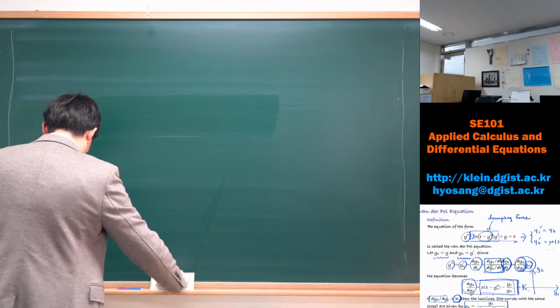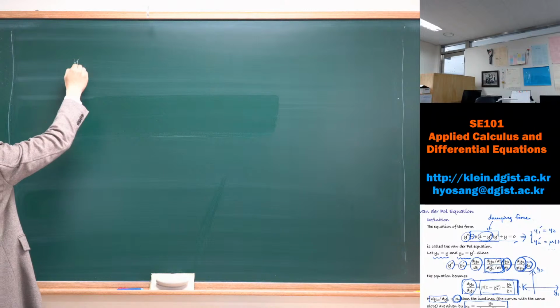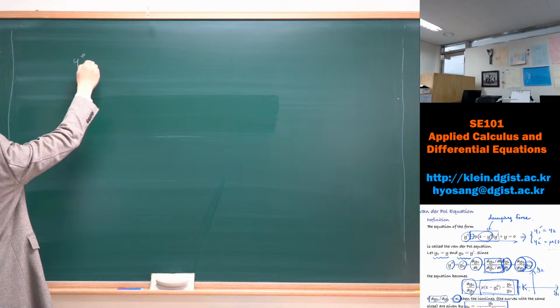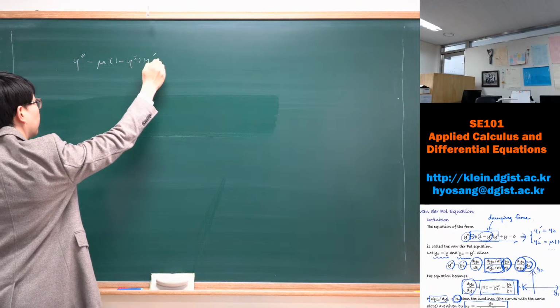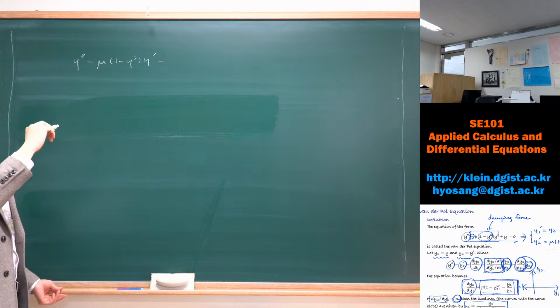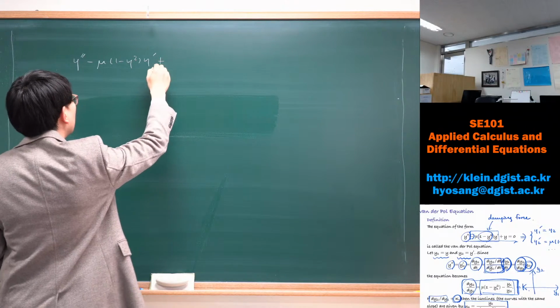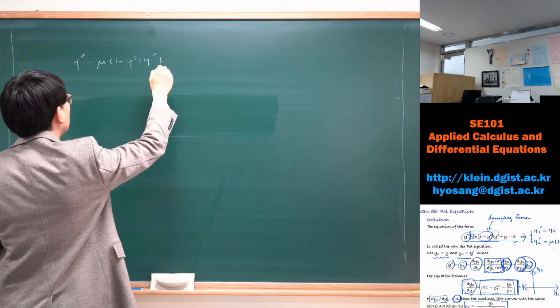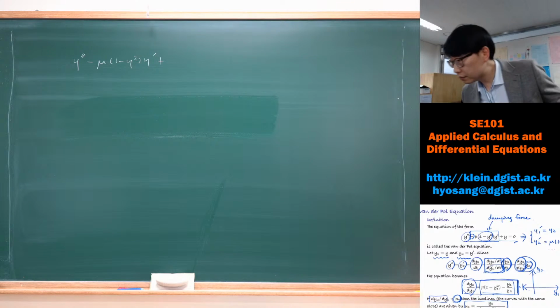So when you solve, so this is a van der Pol equation, plus y.